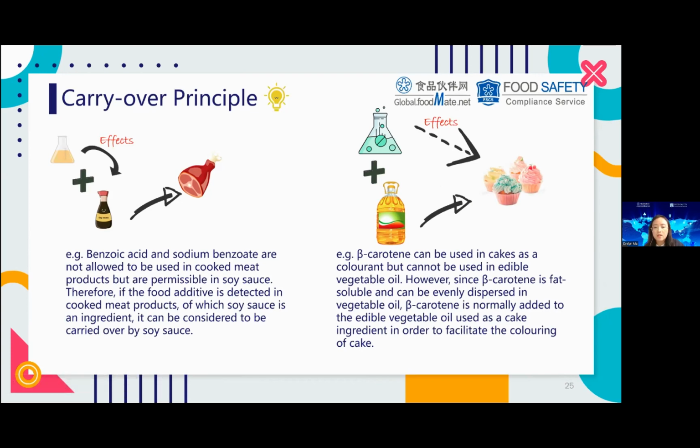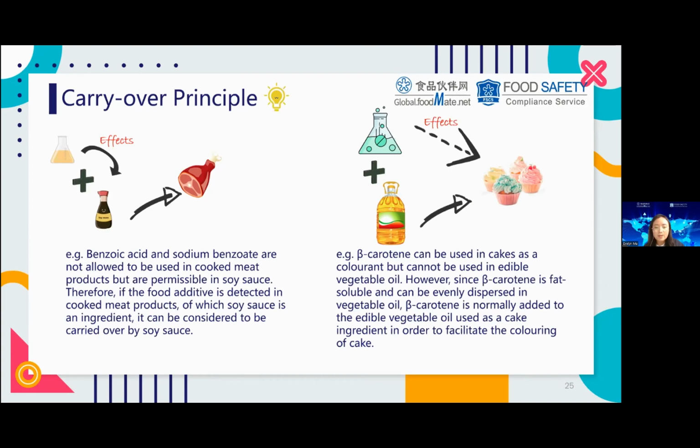The beta carotene, which is normally used as the colorant in cakes, but it's not allowed in edible vegetable oil. However, it can be added to the oil used in cake production under the carryover principle to enhance the color. So, in conclusion, using the processing aids correctly in food production is essential to ensure the food safety and quality of the final product.